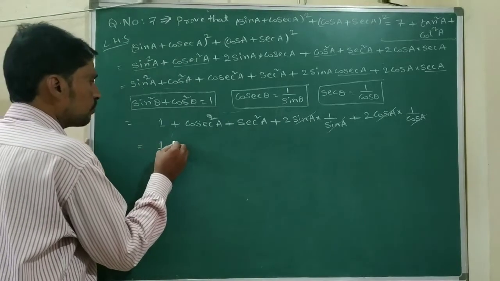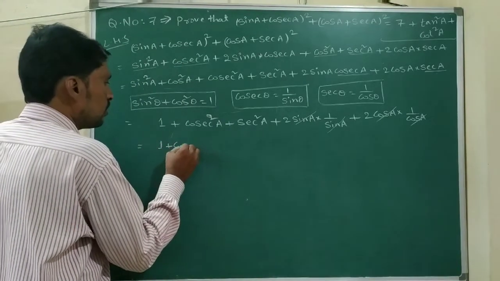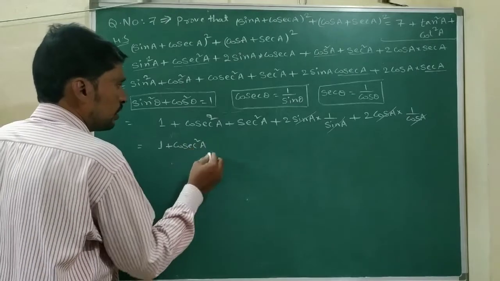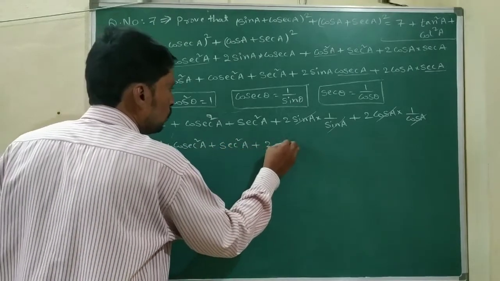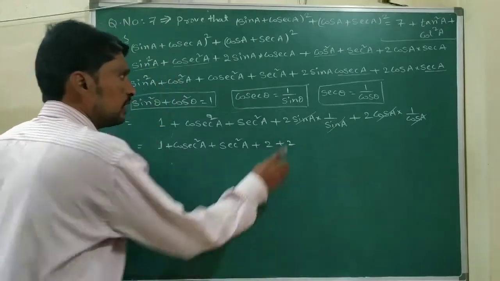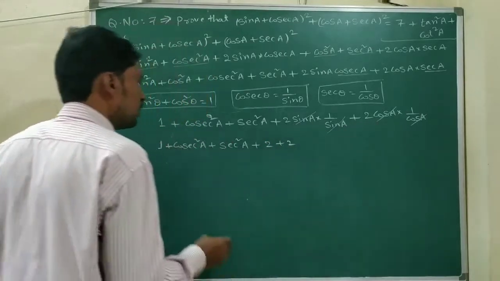Now 1 plus cosec square A plus sec square A plus 2 is remaining. Here 2 is remaining, here also 2 is remaining.